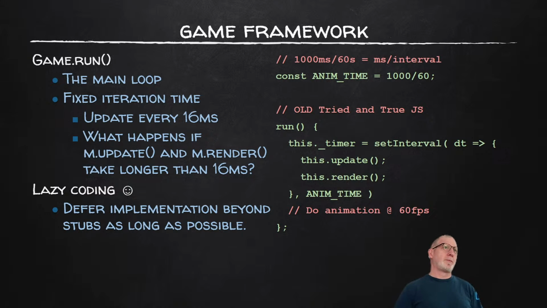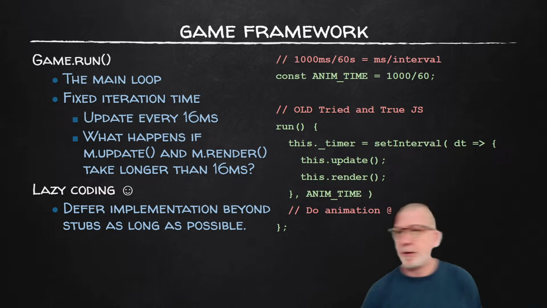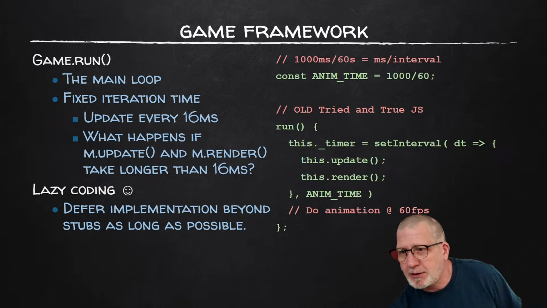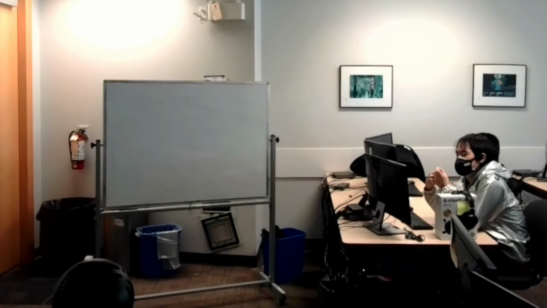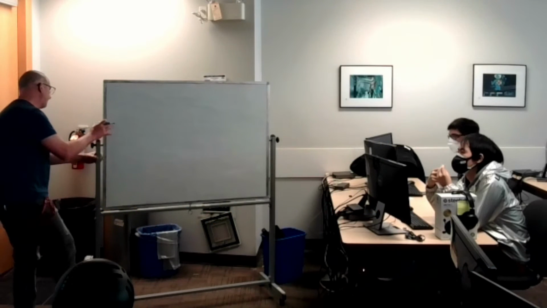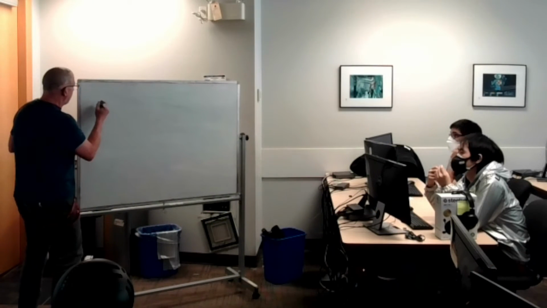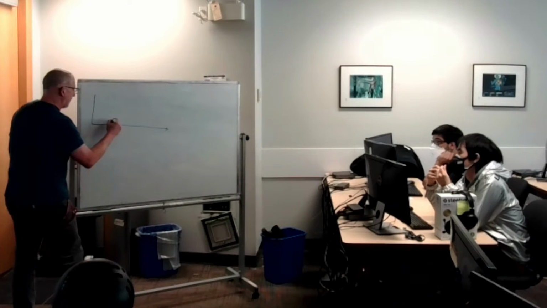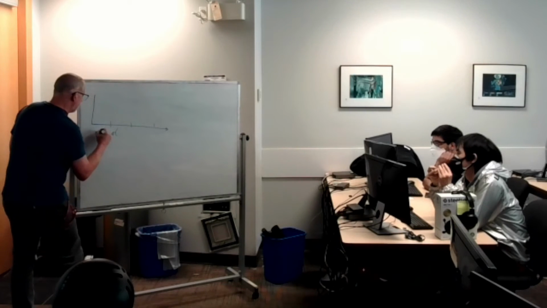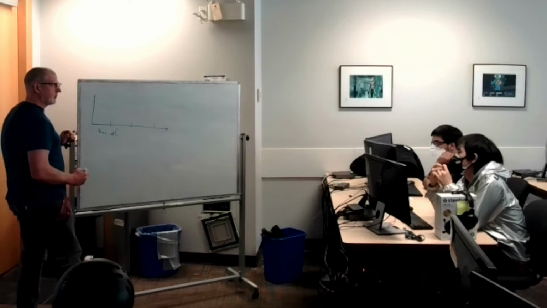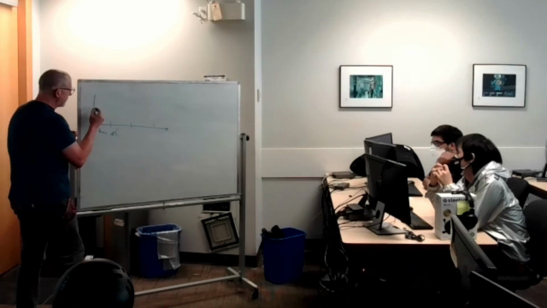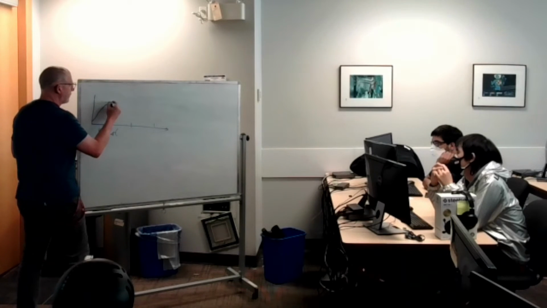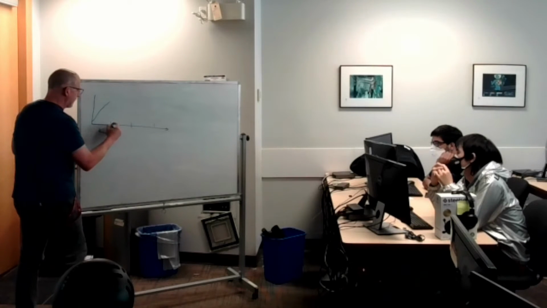It'll start doing this again. So if I'm looking at something like this, and I'm checking out the timing here, and I've got 16 millisecond chunks, if I start doing some work and I don't finish before it's time to draw the next frame, the next one just starts.